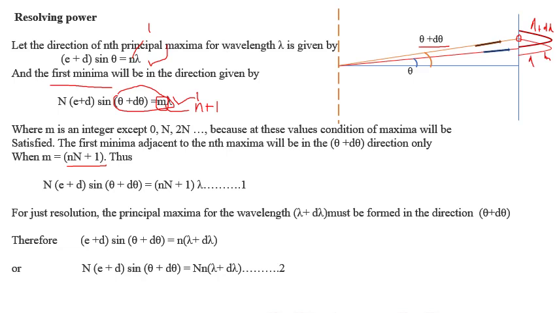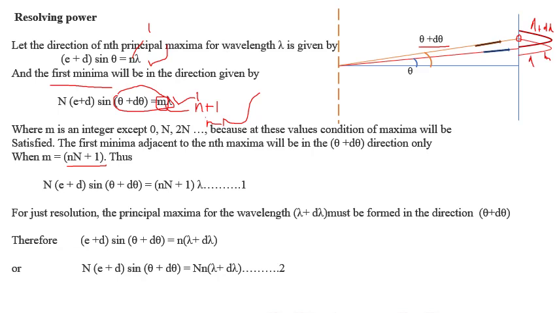So what values are not accepted for m? We cannot consider 0, we cannot consider N, we cannot consider 2N, up to nN, we cannot consider any value. Small n is the order, capital N is the number of lines. So up to nN we cannot consider any value for m.